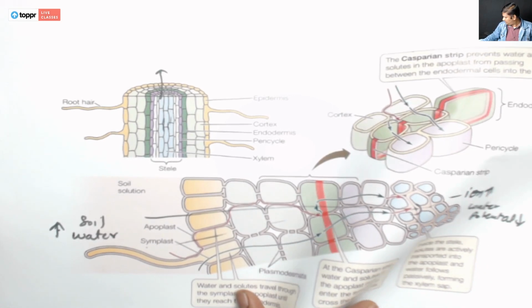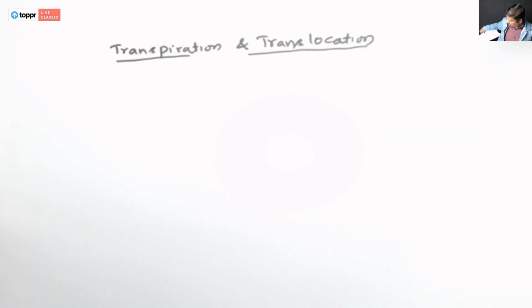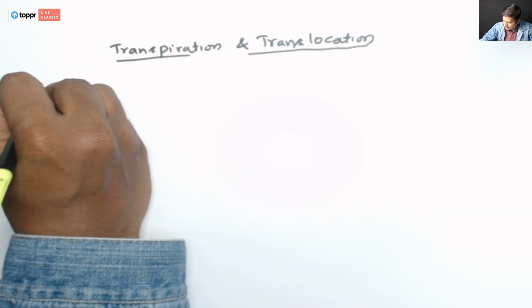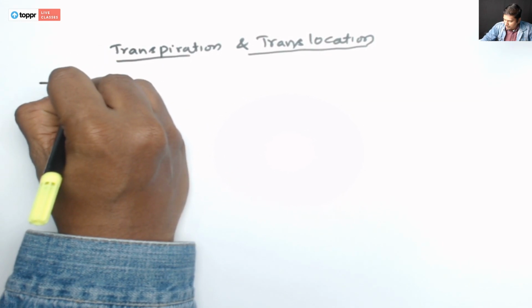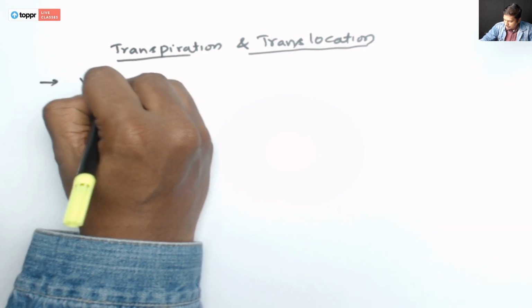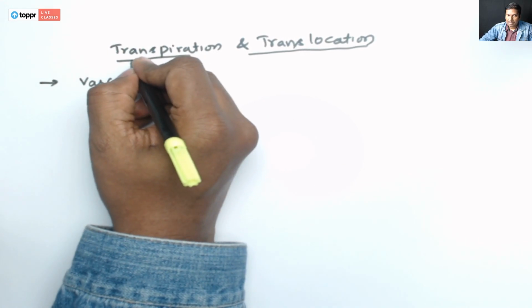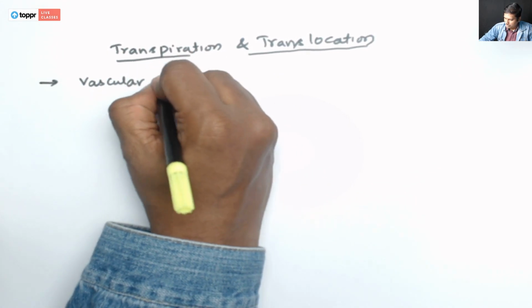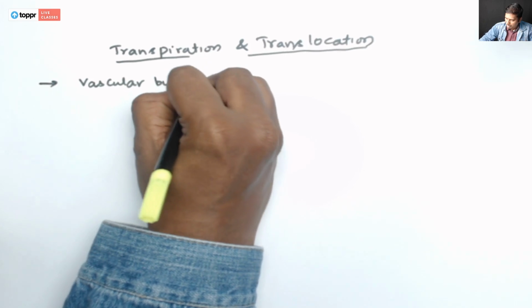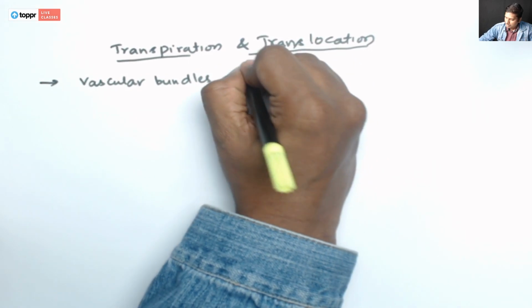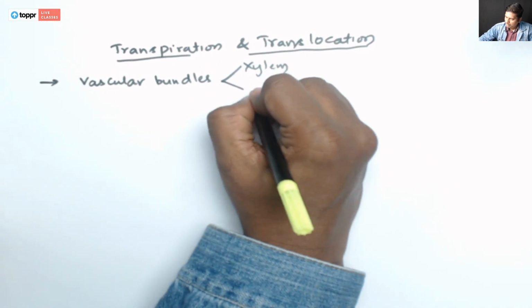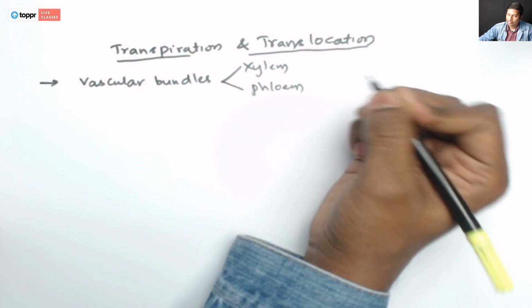So we'll start with a brief discussion about the vascular bundles, because these two processes are because of the vascular bundles. Okay, vascular bundles are nothing but your xylem and phloem.